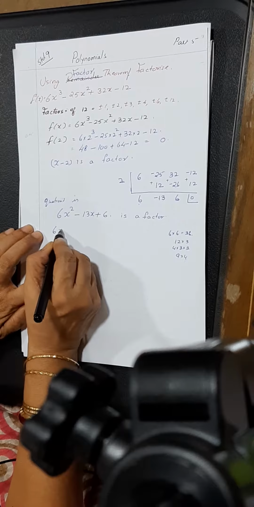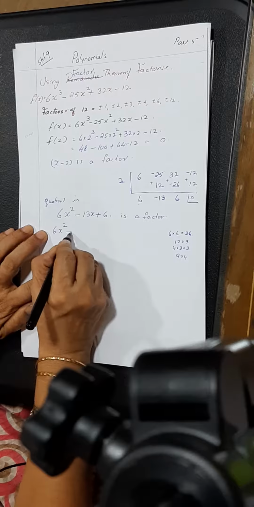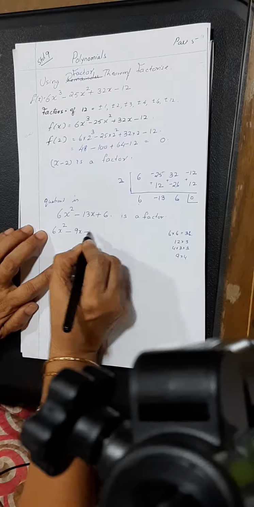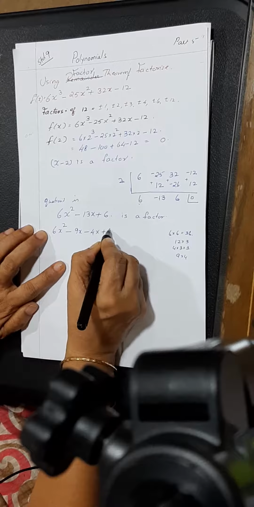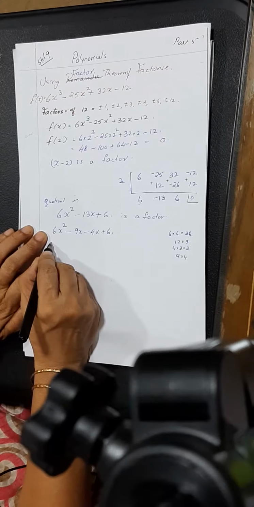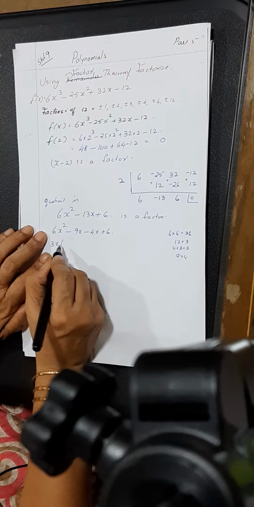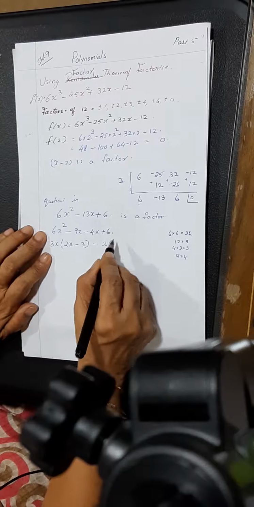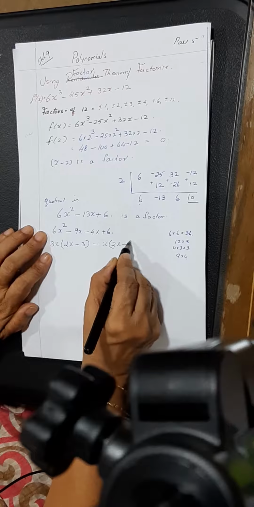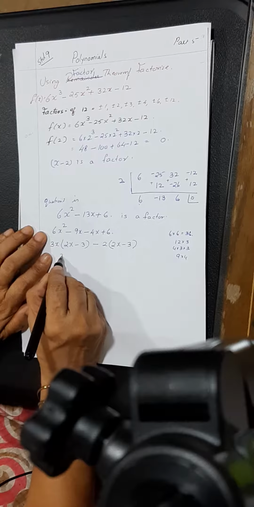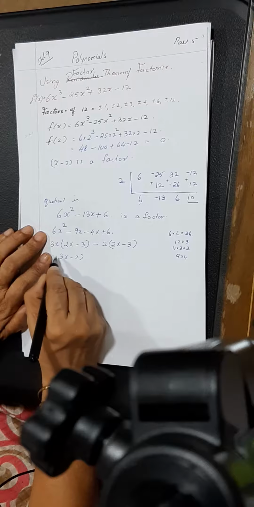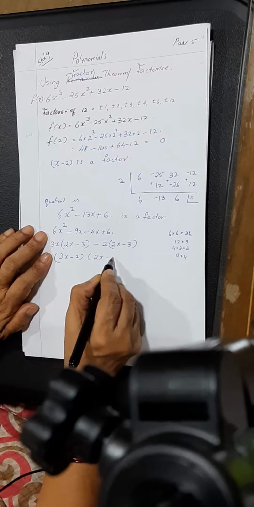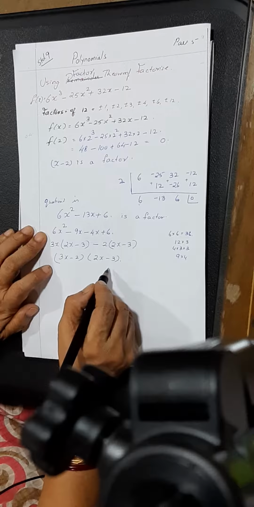So we can write this as 6x squared minus 9x minus 4x plus 6. So this will be 3x into 2x minus 3 minus 2 into 2x minus 3. So we get 3x minus 2 into 2x minus 3.